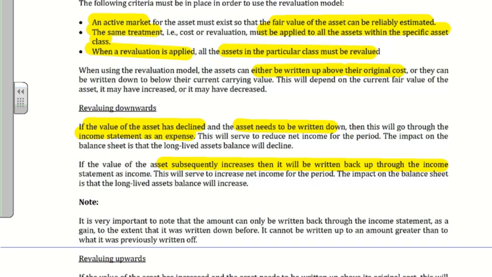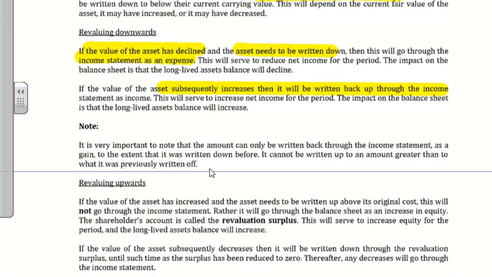But obviously, it'll have to be a proper increase in value. So just an important note. The amount that we write up can only be written back up through the income statement as a gain to the amount that it was written off before. You can't take it through the income statement more than it was written down before.